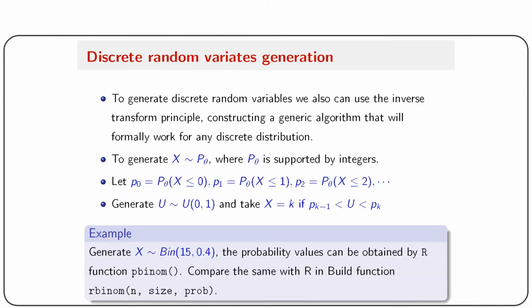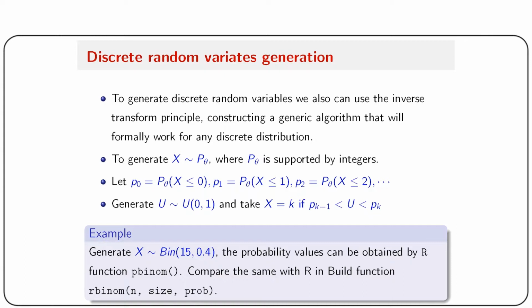Now we will see how we can generate random variates from discrete probability distributions. To generate discrete random variables, we also can use the inverse transformation principle, constructing a generic algorithm that will formally work for any discrete distribution.